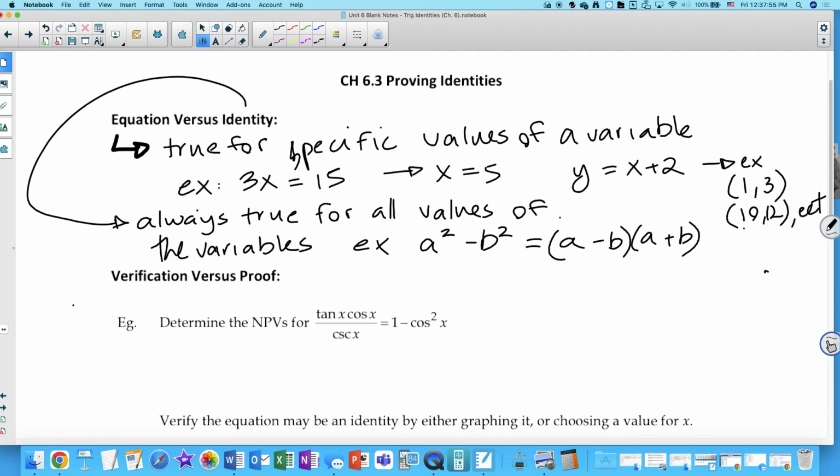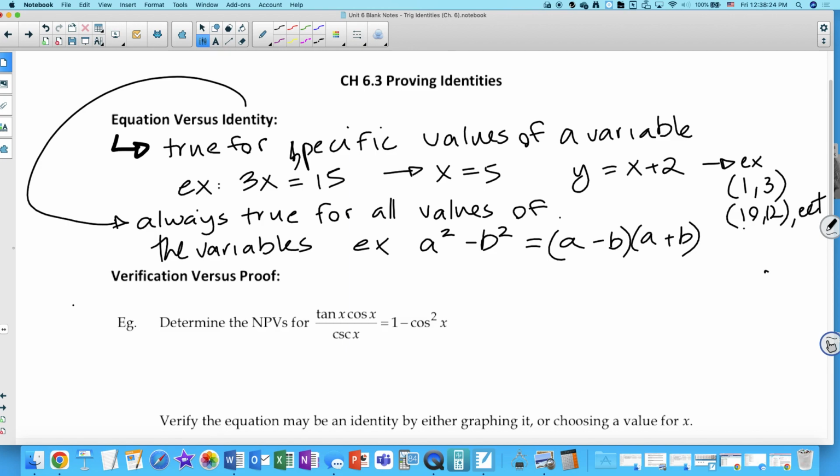If you are verifying graphically, you graph each side of the equation separately as two separate functions and make sure that those two graphs overlap. Those are ways to verify. However, a verification is not a proof. You have to show that for all values of the variable that the identity is true.